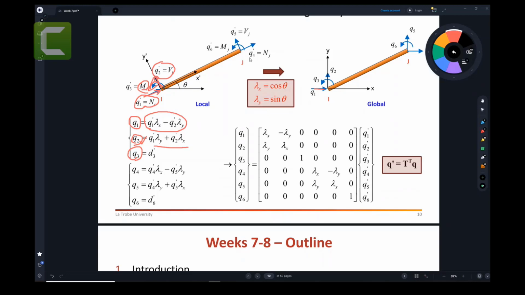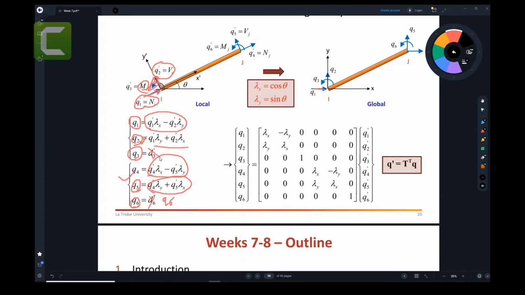Similarly, at these nodes, you can go to Q4 axial load, global axial force, and then you convert it into the local system. Again, global Q5, which is shear, and you match it with the local. And this one is Q6, which is the global force, which is the moment, sorry, and that matches with Q6. I think that is not D6.